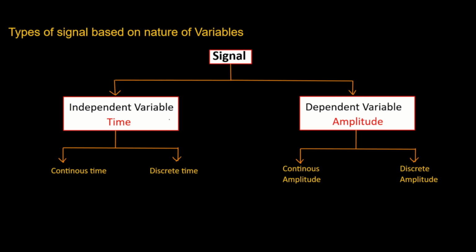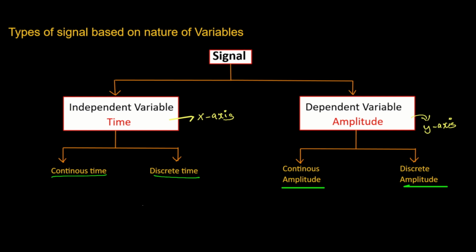The independent variable we represent on the x-axis, and the dependent variable on the y-axis. In independent variables, we have continuous time signal and discrete time signal. Similarly, in amplitude we have continuous amplitude and discrete amplitude as well.